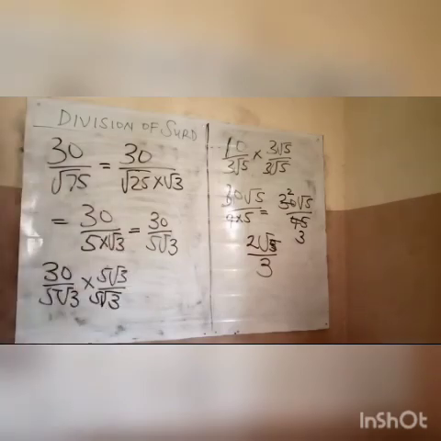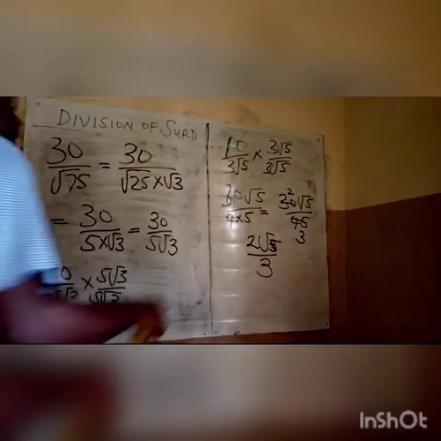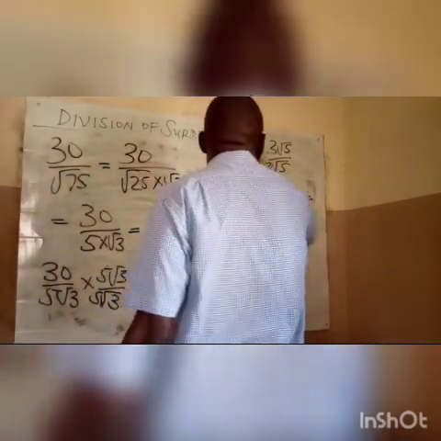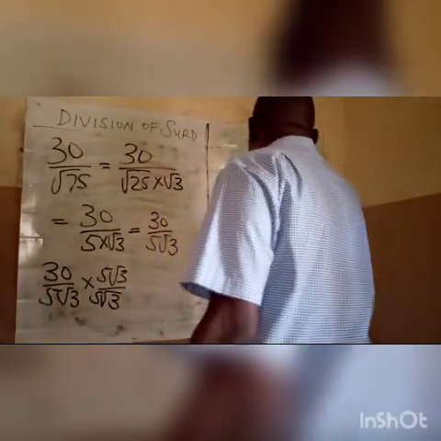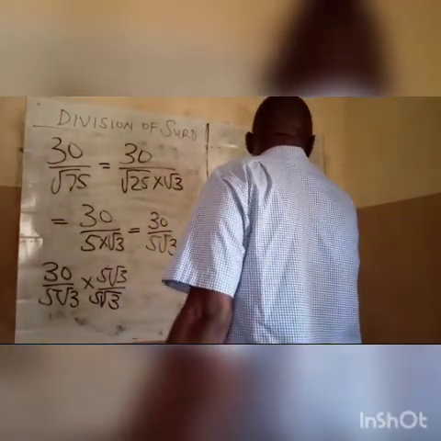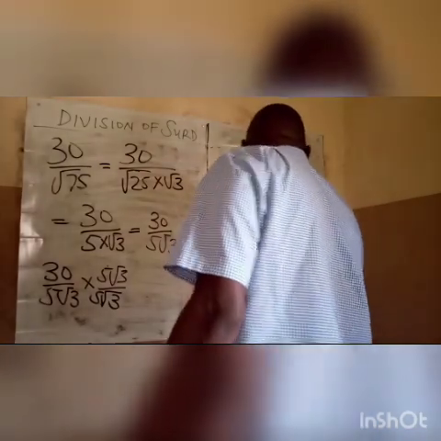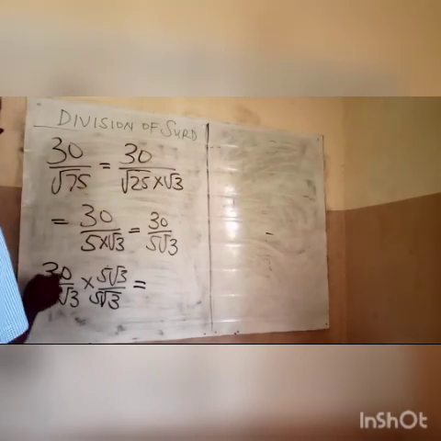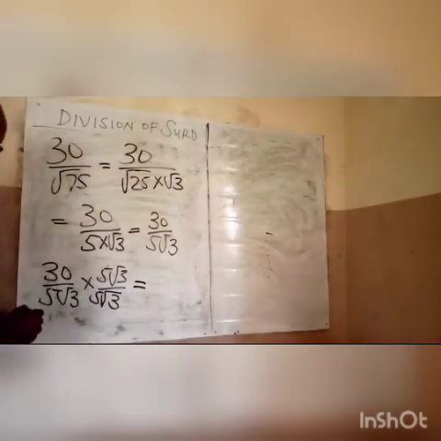So when you multiply out, this will give you 30 times 5, which is 150.